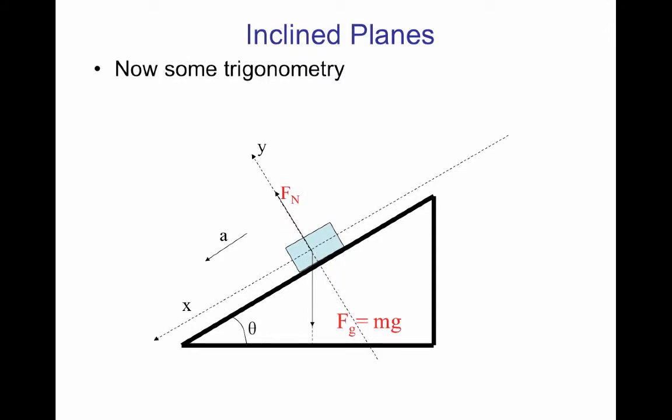We're going to look at a little bit of trigonometry. We've got a right angle triangle right here. Here's an angle marked theta. This angle right in here would obviously be 90 degrees minus theta. So let's say theta is 30. This is our 90. This angle right here is going to be 90 minus 30, which would be 60.